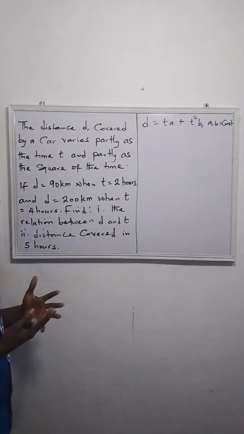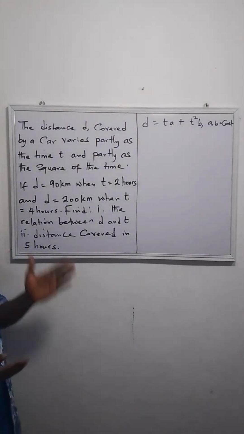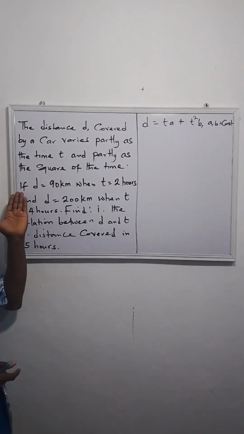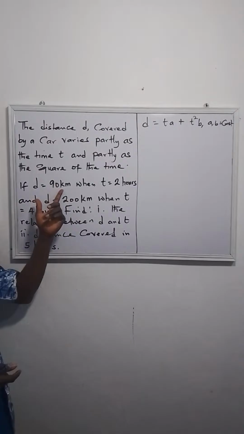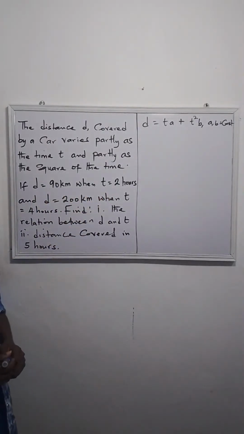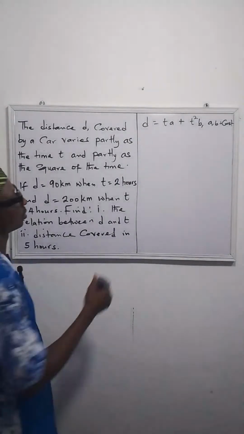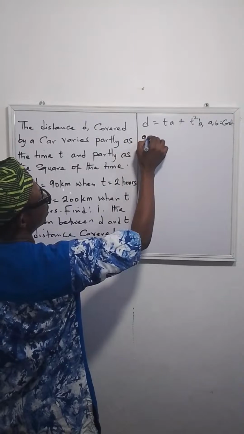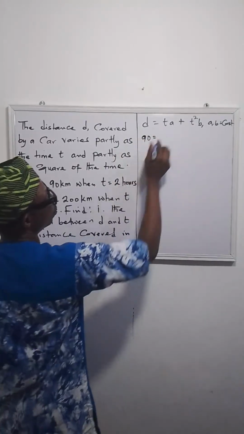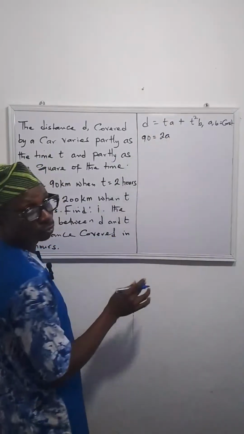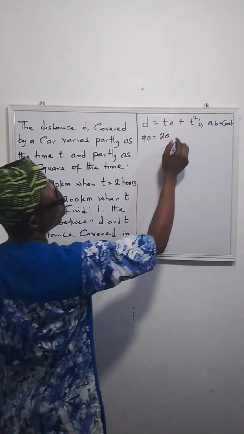Once we get that, the next thing now is to plug in the values given here. The first thing we have here is d is 90 kilometers when t is 2. So let's plug in the values. We have d to be 90 equals, t is 2, so we have 2a. 2 times a is 2a.